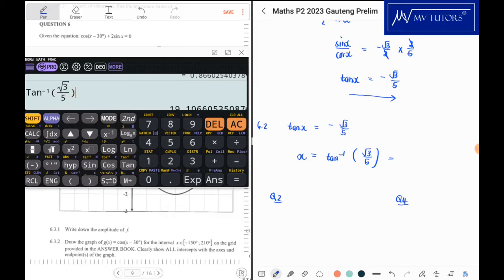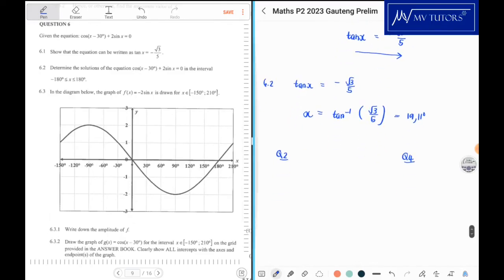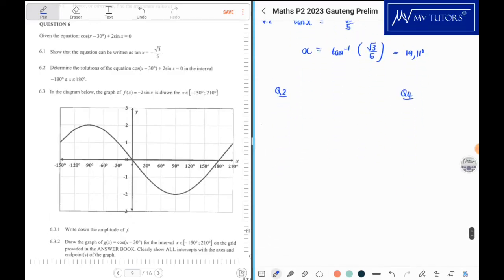And that gives us an angle of 19,11 degrees. Okay, so that is my reference angle. And then for quadrant 2, I know that is where we have 180 minus the reference angle. In this case, it's 19,11 degrees. And this is tan we're dealing with. So our period is 180 times k. And now let's go over to quadrant number 4.